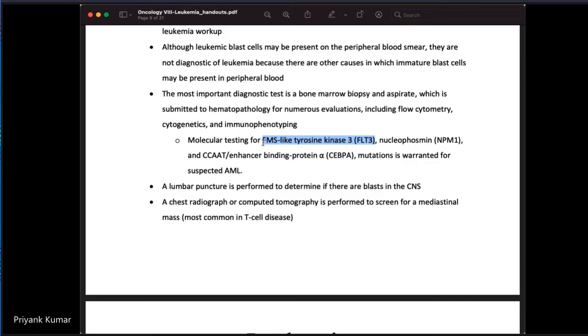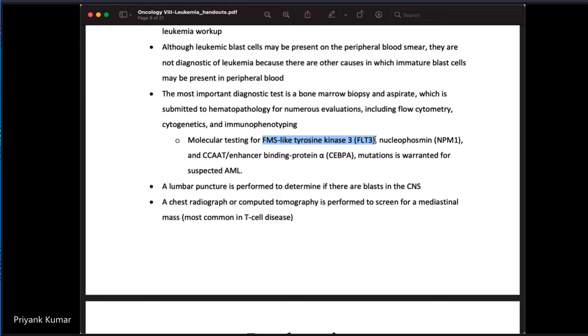Now, FMS-like tyrosine kinase 3, or FLT3: in my PhD, I discovered two drugs that could reverse multi-drug resistance. One of the drugs worked on FLT3-associated AML.